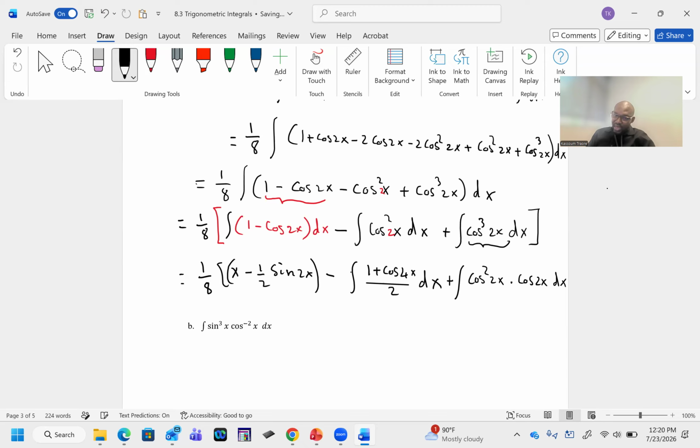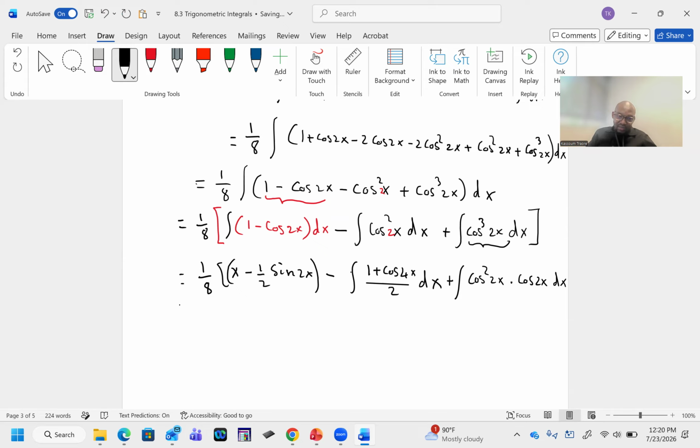And you know we can use half angle here. And we already have that cosine squared of 2x. Half angle is what? 1 plus cosine 4x divided by 2. So you can see this is long, but as long as your algebra is good, just follow your algebra.